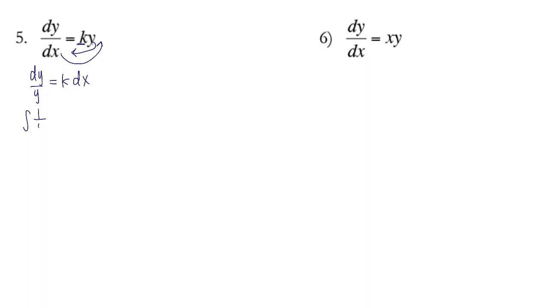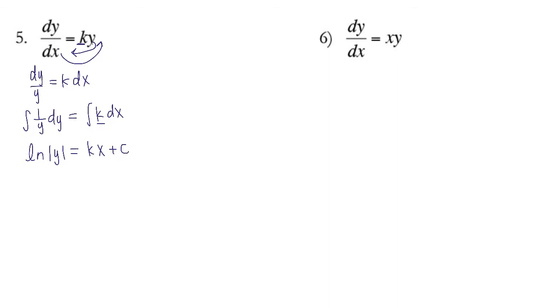So I have the integral of 1 over y dy equals the integral of k dx, and you can think of this k as any number. So when we do our integration, again we'll have the natural log, absolute value of y, equals kx plus c.